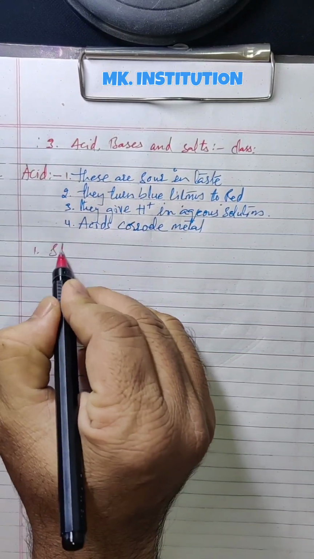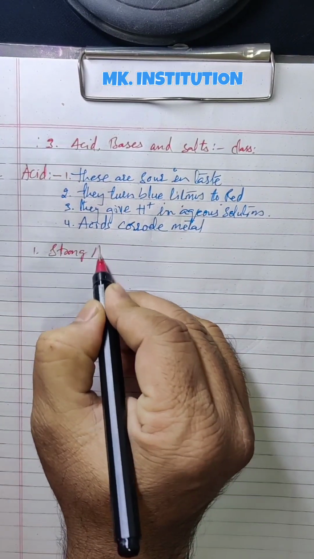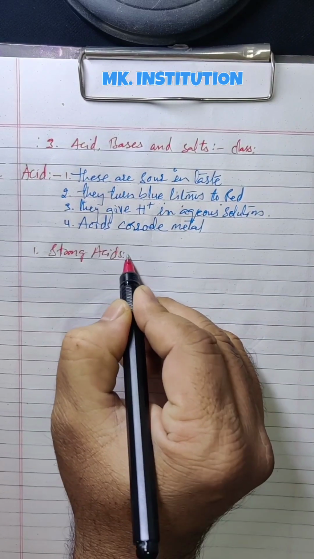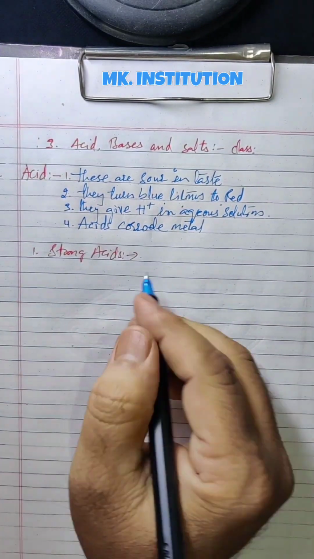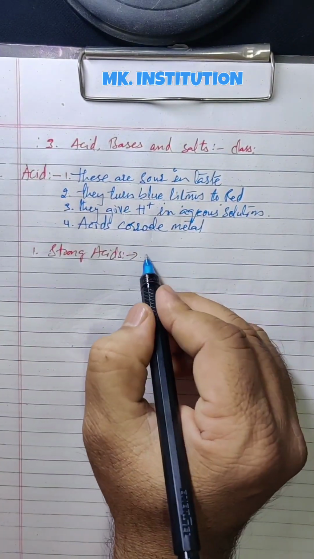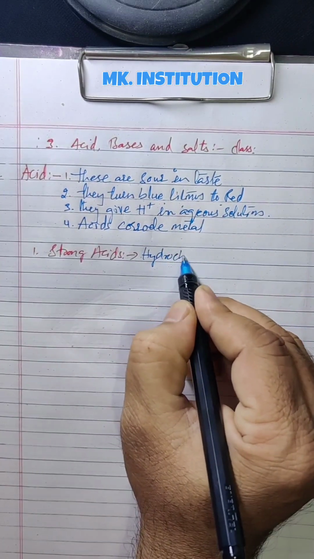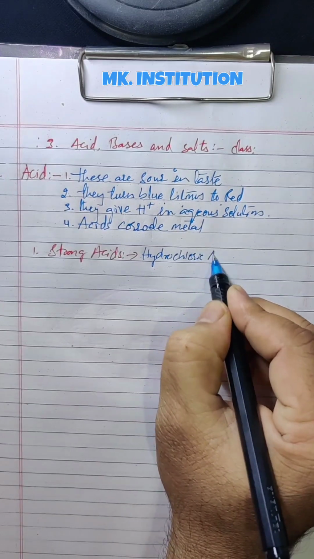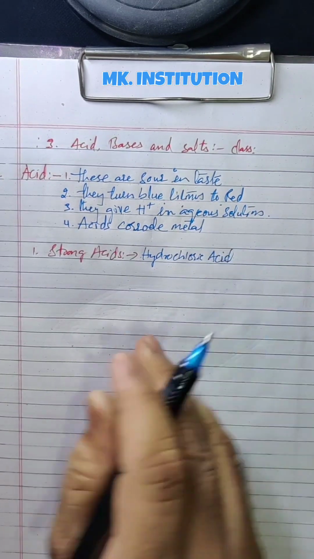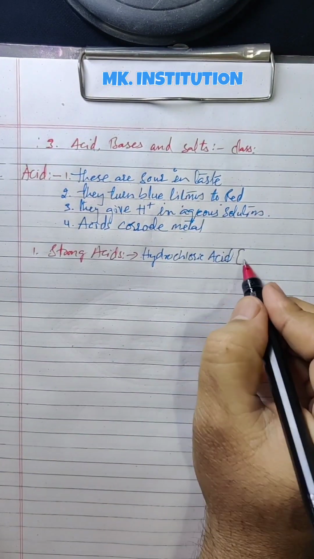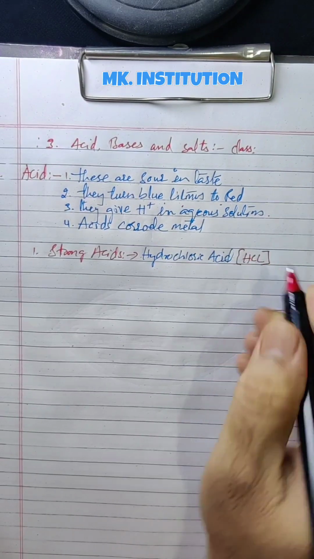Now there are strong and weak acids also. First, strong acids. What are the strong acids here? Hydrochloric acid, HCl.